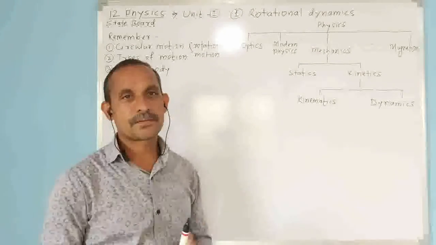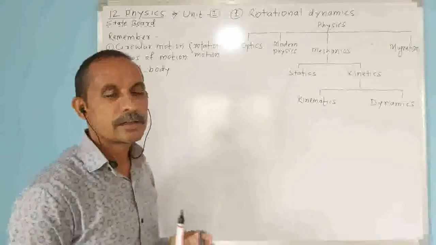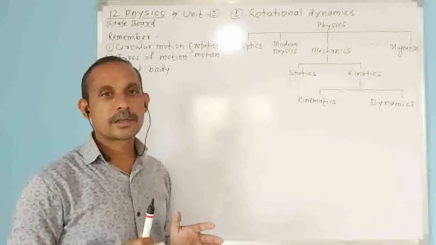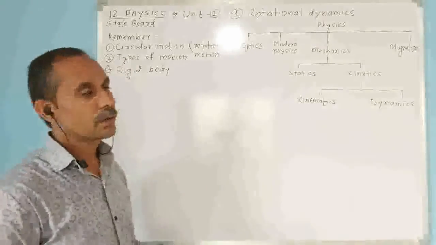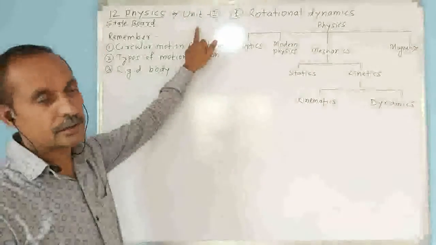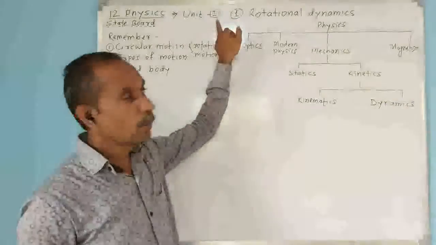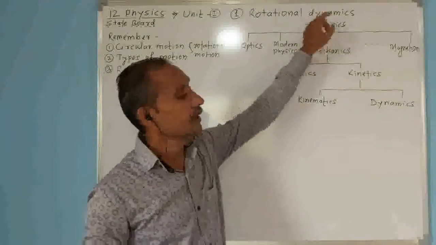For the 12th class physics there are 16 chapters, and these 16 chapters are divided into 6 units. So let's see the first unit, unit number 1. In this unit 1 there is the first topic, rotational dynamics.